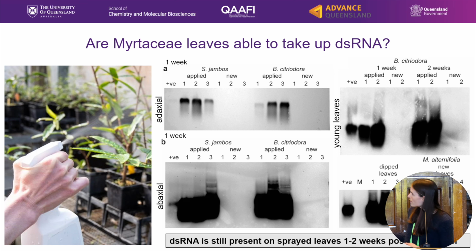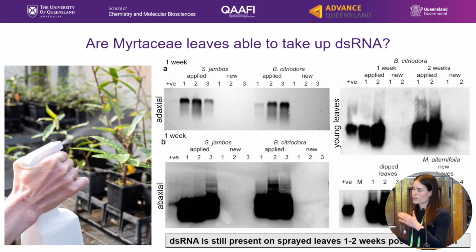And basically what I found was the RNA was still present on the sprayed leaves 1 week later, but it wasn't present in any of the new growth, so the leaves that hadn't had any RNA applied to them. So at least it wasn't moving in the time frame we'd seen for those other plants.